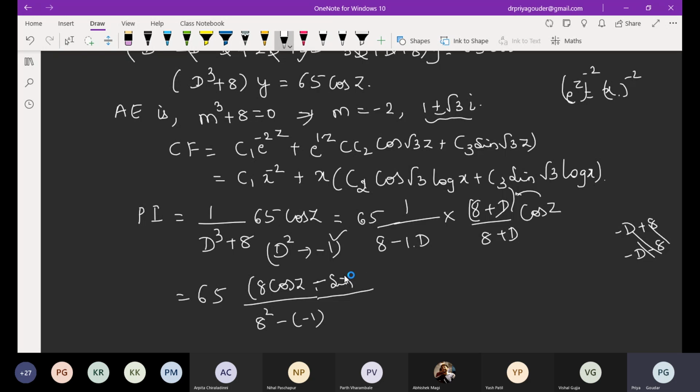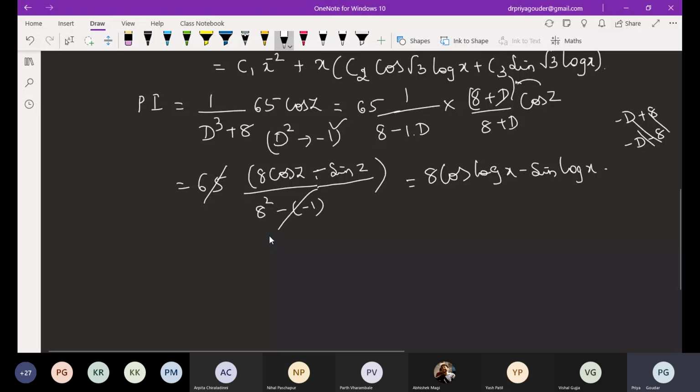How much is 8 square? 64, minus plus 65 can be cancelled with it. So remaining is 8 into cos of, what is z in terms of x? Log x. Log x minus sin of log x. Correct? This is the PI. Last step you write down: GS is equal to CF plus PI. Done.